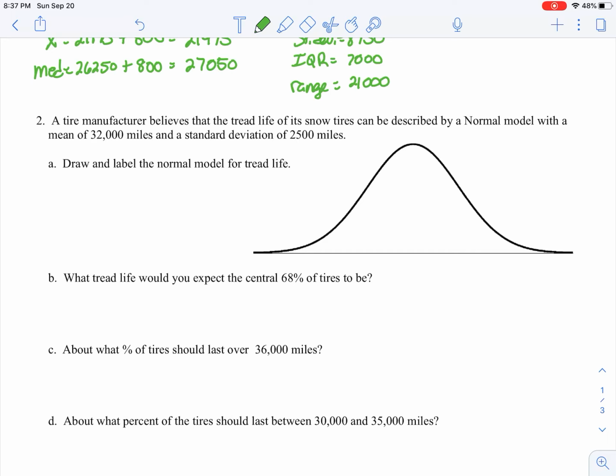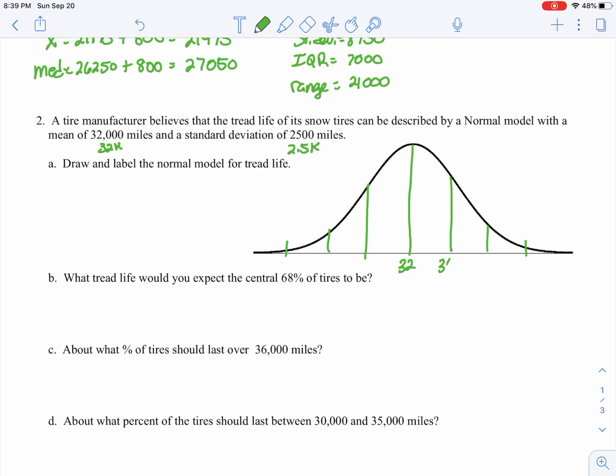Okay, wow. I'm going to change it. We have a tire manufacturer that believes the tread life of snow tires can be described by a normal model with a mean of 32,000. Just because I get tired of writing zeros, we're going to go with 32K and 2.5K. It'll just help out things immensely. So if I draw a mean in here, that's going to happen at 32K. There's 1, 2, 3 standard deviations above, 1, 2, 3 standard deviations below, and we're going to add 2.5.